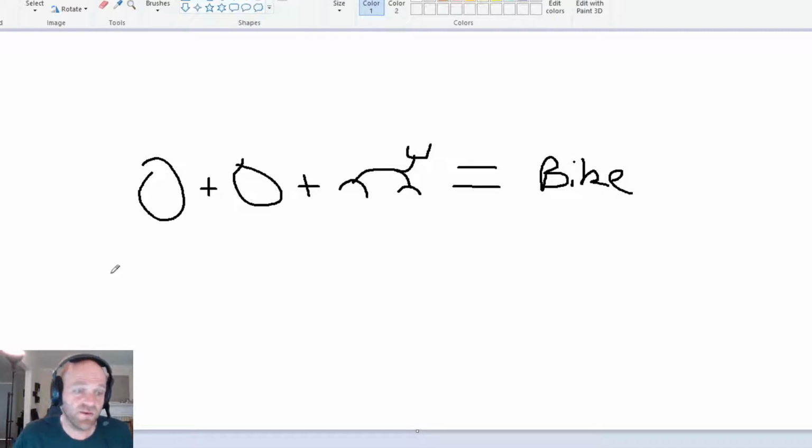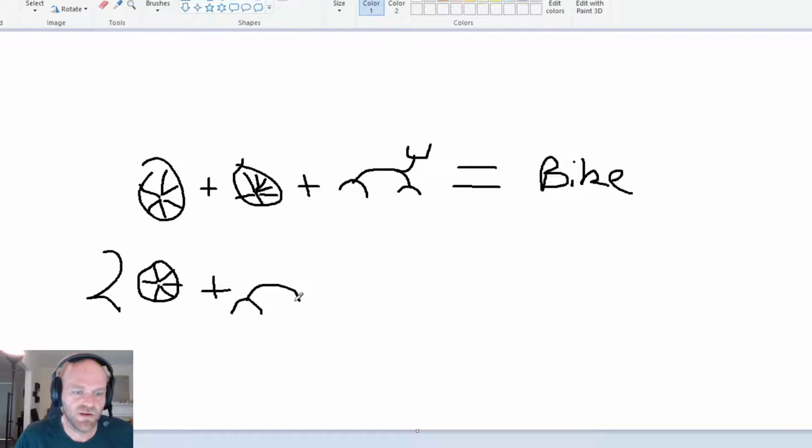Alright, so another way of me writing this equation would be 2, and I'll put little spokes on here so you know that these are wheels. So 2 wheels plus a frame yields a bike, okay? This is how I like to think about chemical equations, because this is essentially what we're doing. We've got these pieces and we can put them together in a certain way to build certain things. Alright, yields one bike.